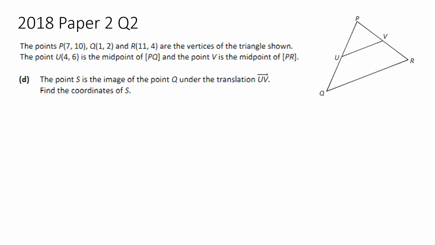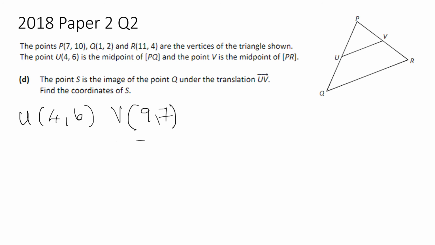For question 2 part D, this time the point S is the image of the point Q under the translation of U to V in that direction. So when we look at U and V, U is (4, 6) and V was our midpoint, which was (9, 7).